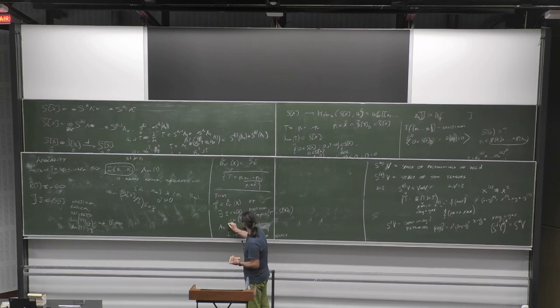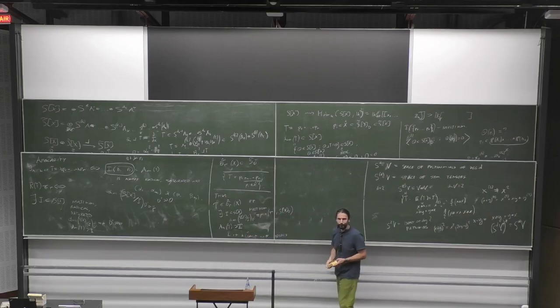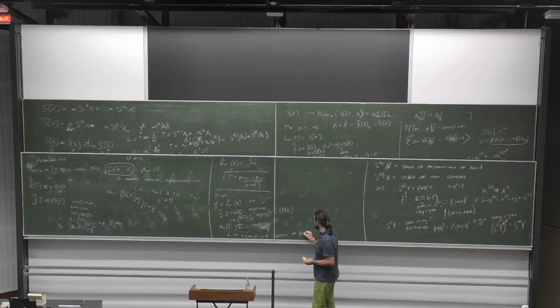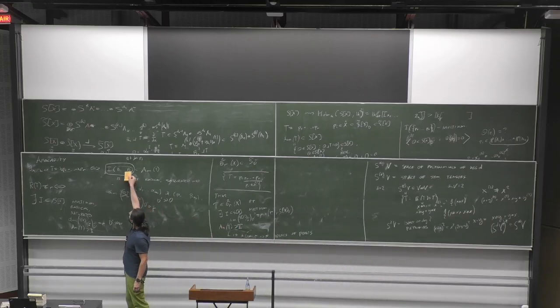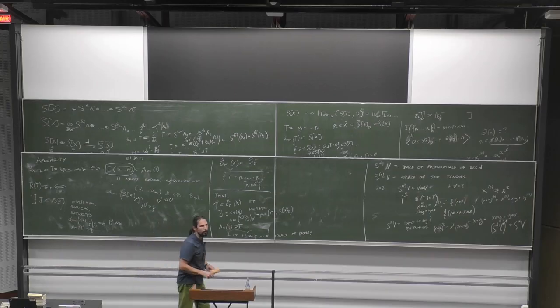That's a mess. Thank you. It's a limit of ideals of points. So ideals of points are guys like this. And then we want to take this as a limit.